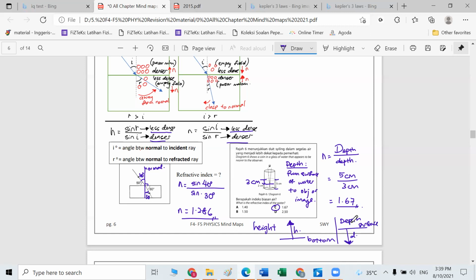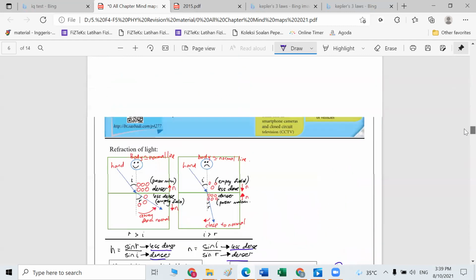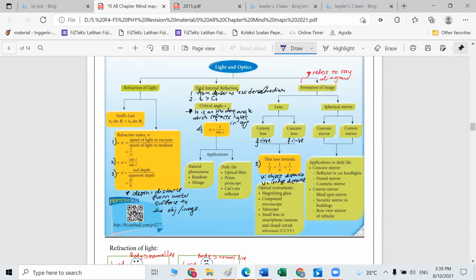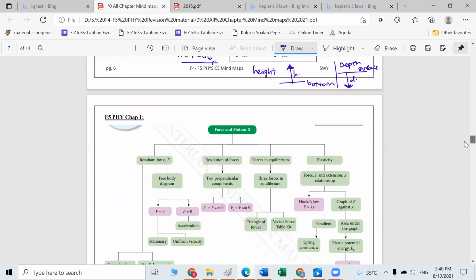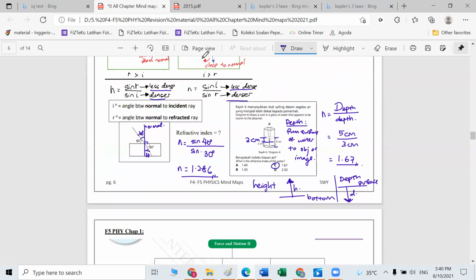Can get it, height and depth. Okay, then the rest must refer to the ray diagram, then a little bit of calculation. Okay, so it stops here.